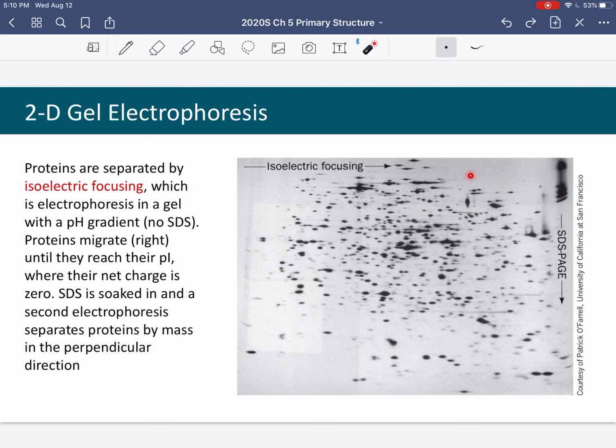And this used to be the favored way of really telling if your protein is pure, and also for identifying how many proteins are in a sample. Each one of these could be cut out and then analyzed by mass spectrometry and identified as an individual protein based on its molecular weight.